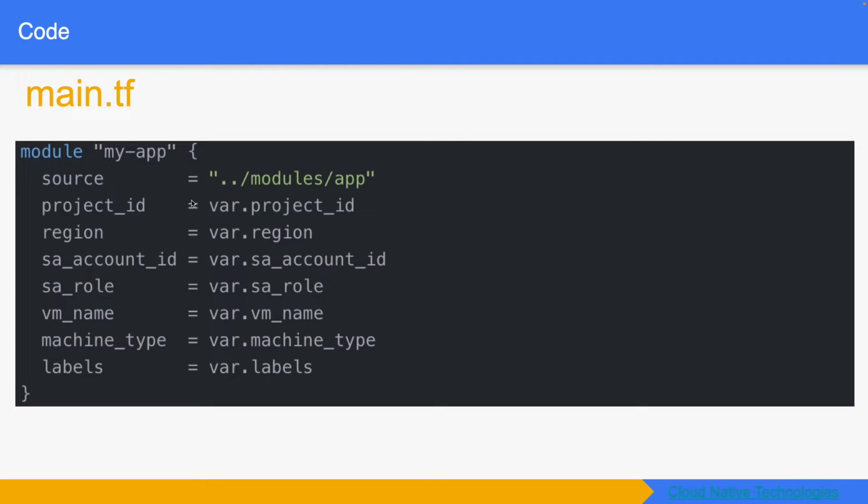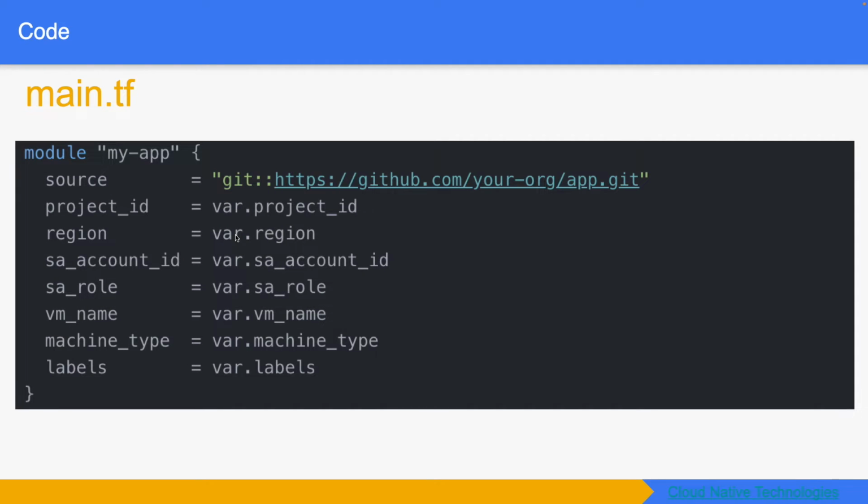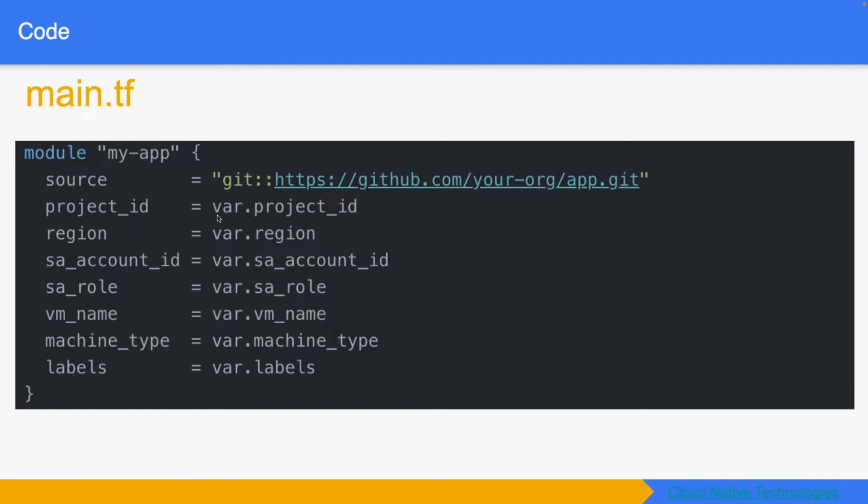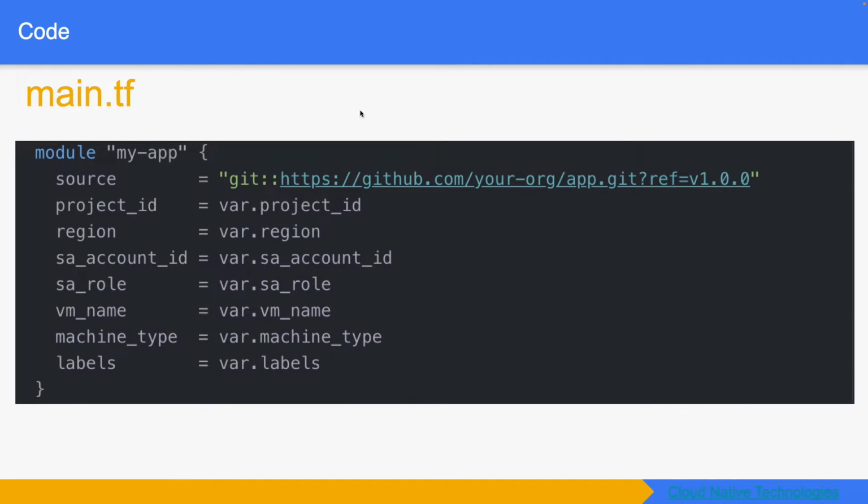What I'm saying is I've packaged that code in a module, and then I can say the module source path is somewhere on the local system, let's say on my modules app, and then provide all the required arguments for my module. Or the source can be a GitHub repository on HTTPS protocol, or on SSH protocol as well. I can also define a particular version.